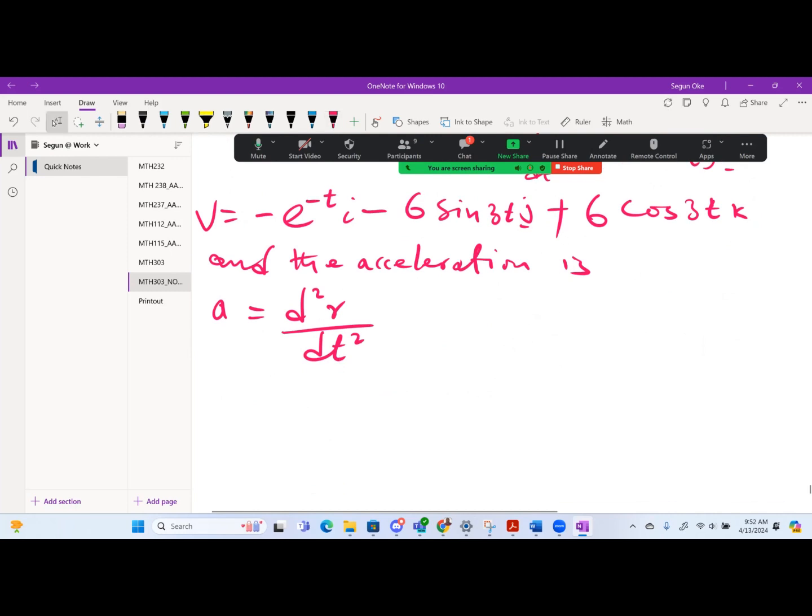For us to differentiate our velocity a second time, we know the velocity is here. Here is our velocity. Differentiate it a second time.